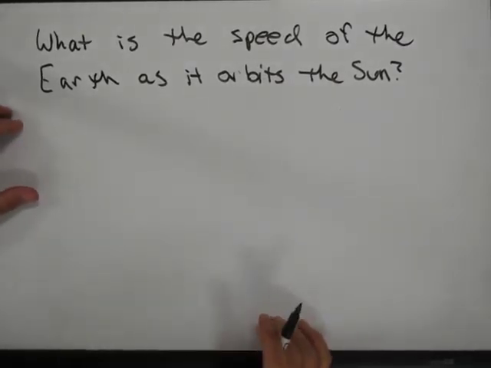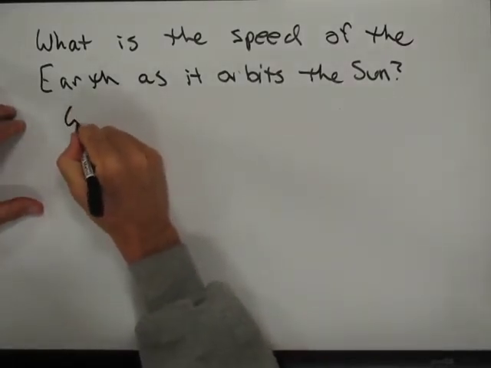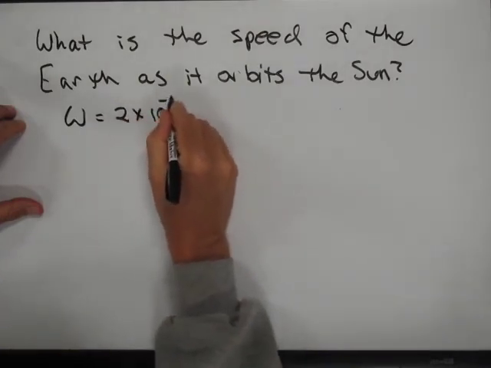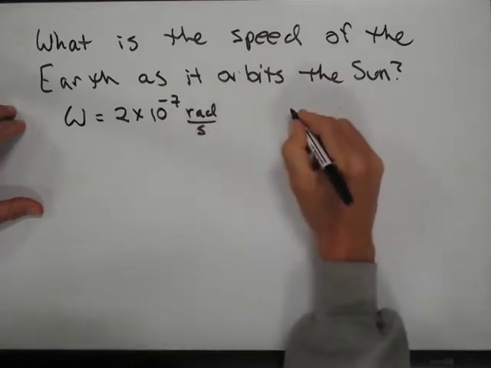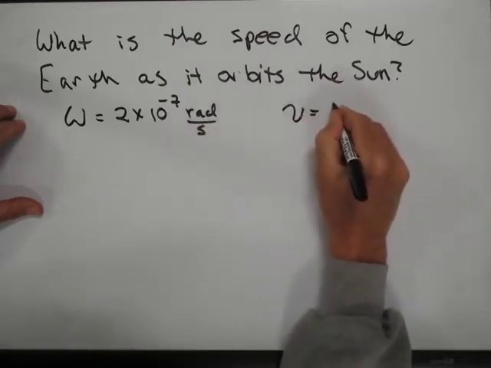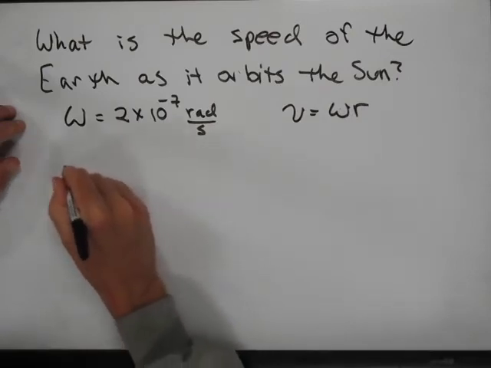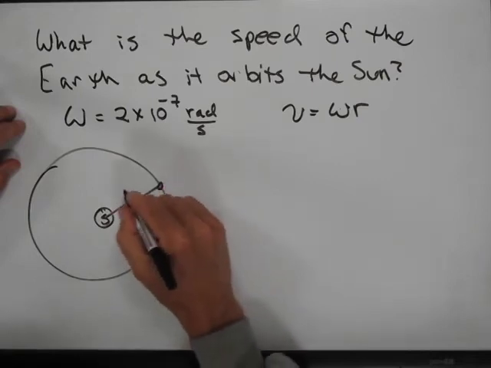So we can ask the question, what is the speed of the Earth as it orbits the sun? We already figured out that its angular velocity is 2 times 10 to the minus 7 radians per second. And now we understand that v is equal to omega times the radius. If this is the sun and this is the Earth, well, that should be a circle, but anyway, you get the idea.